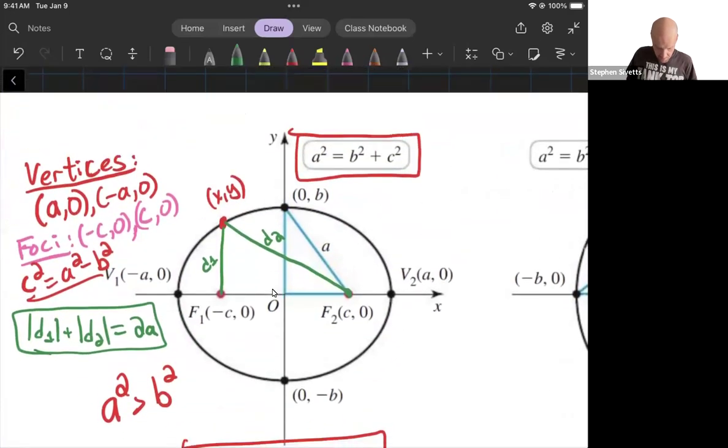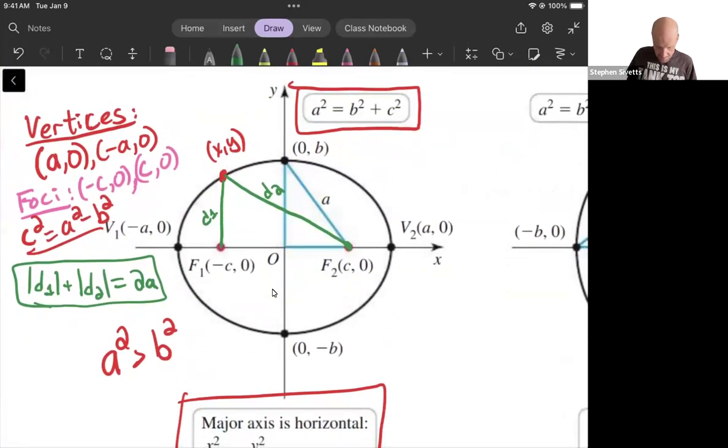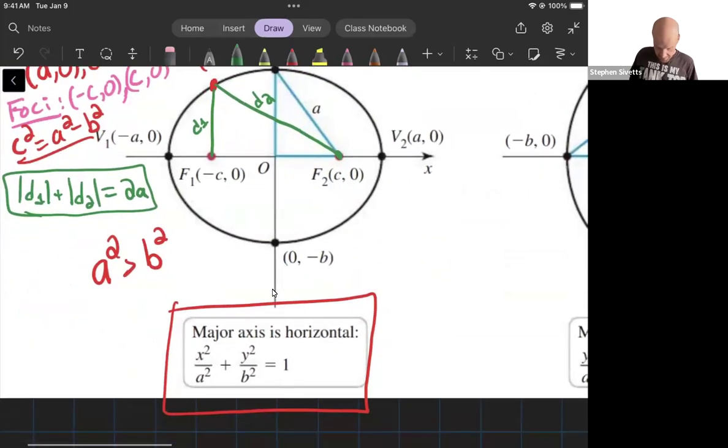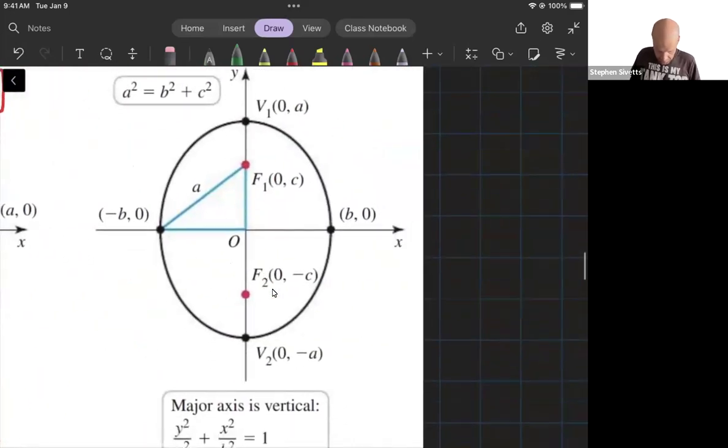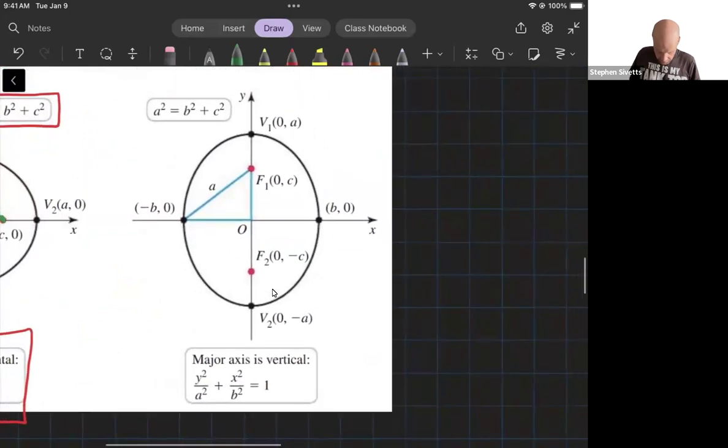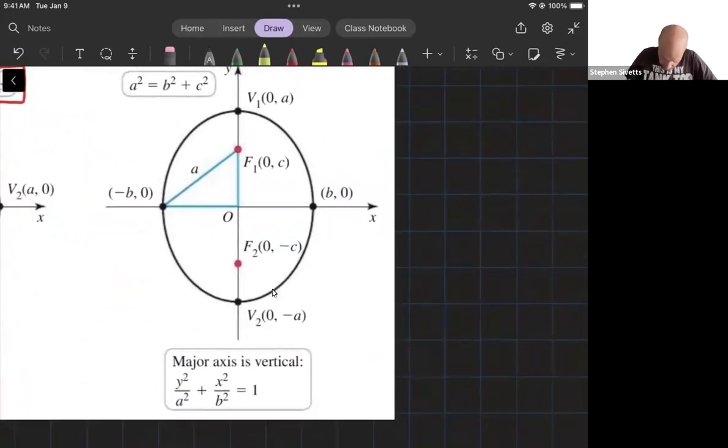So this is the ellipse whose major axis is the x-axis, or the horizontal axis. This is the other type, but this time the major axis is vertical.